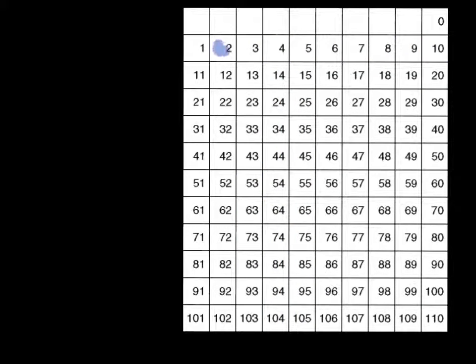Similarly, if you skip by twos, you're really counting every other box. You're looking at a number and then you take 2 steps and then you say the second number. Take 2 more steps. That's skipping by twos, taking 2 steps forward on the number grid.